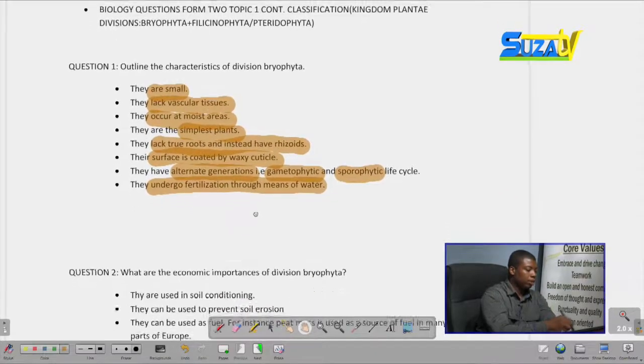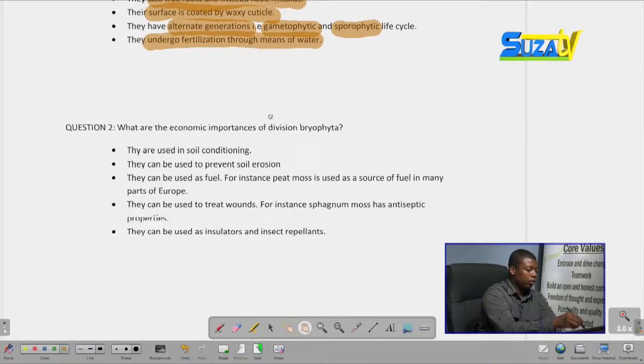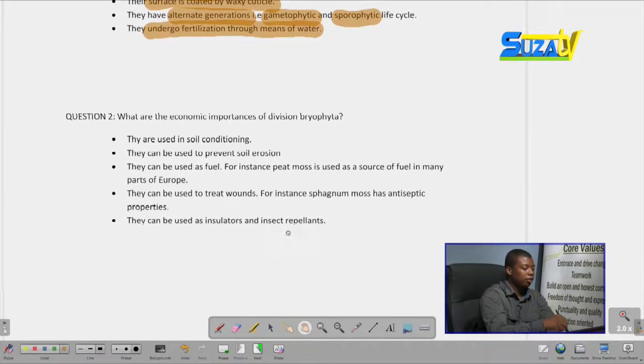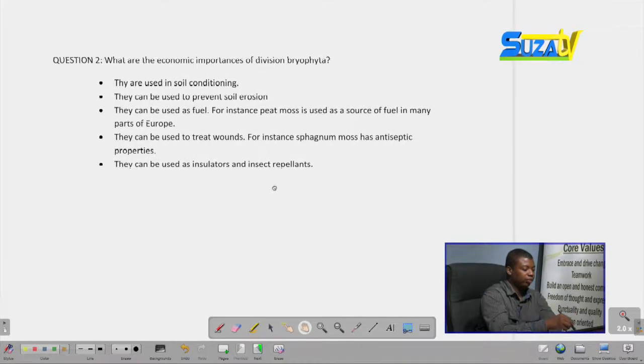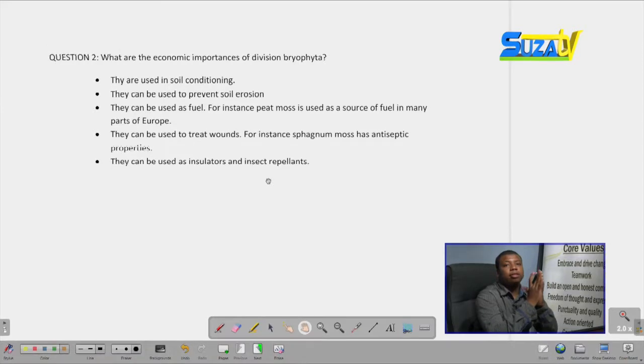Moving on to our next question, we're told, what are the economic importances of division Bryophyta? So we are told here to mention the economic importances, be it good or bad to humans, from division Bryophyta.